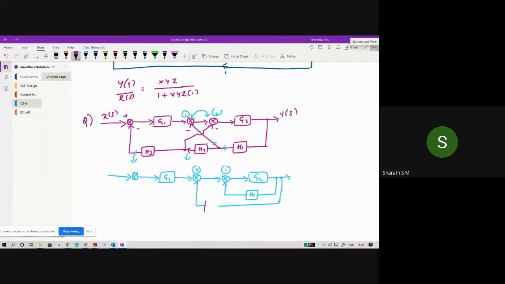And on the last feedback line, it is a product of H1, H2, and H3. Here also we have a negative, here also negative, here also negative. And this one has R(s), and this one has Y(s).